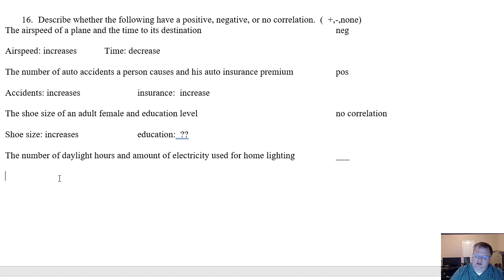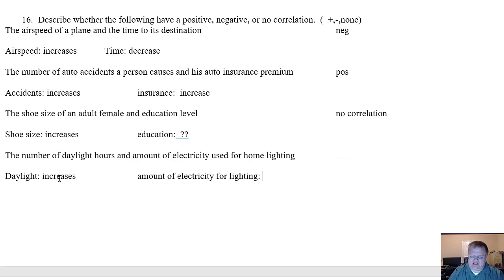And then this last one, daylight. As that increases, what would be the amount of electricity for lighting? Could I put the little clarifier there? So if we have more daylight, do I have to turn my lights on less or more?